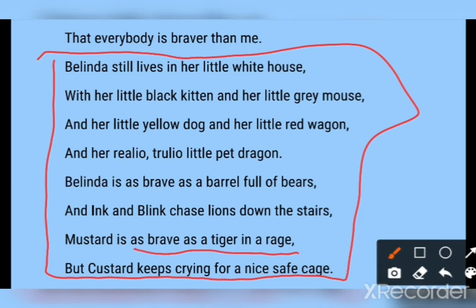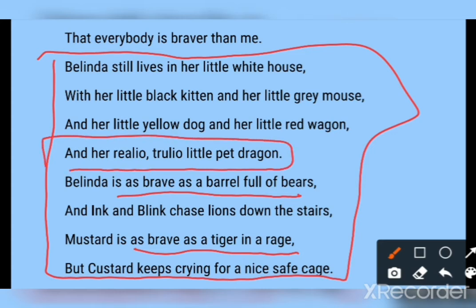So we have a simile here, and we have rhyme, the effect of these words creating rhyme, etc. We have discussed these poetic devices in the first two stanzas.